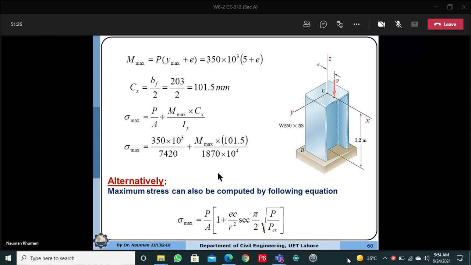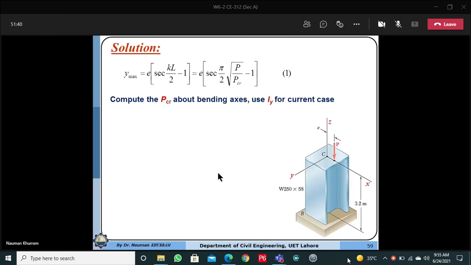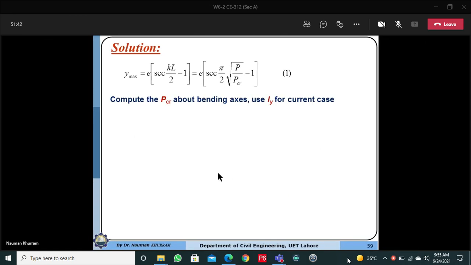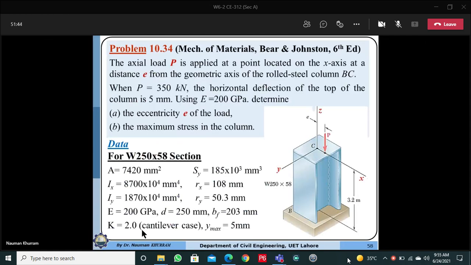So if you divide 1870 into exponent 4 by 101.5, the answer will be the same, 184. For example, the section modulus about the y-axis is given as 185 in the attachment. It will be approximately the same.